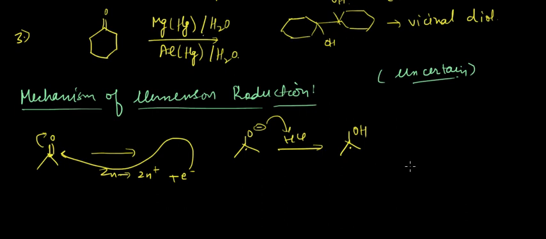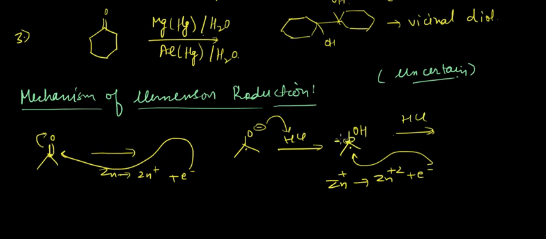Then zinc again loses one electron to get to the Zn 2+ state, and this electron attacks the free radical, converting it into a negative charge, which on reaction with HCl attacks H plus to form something like this product. And H is also there.